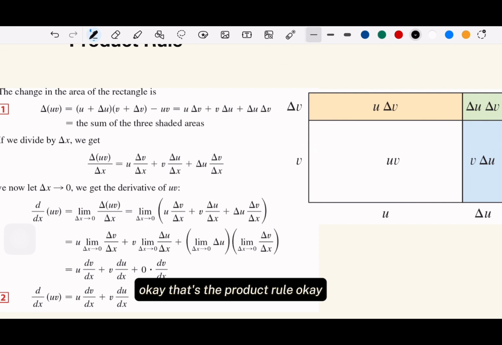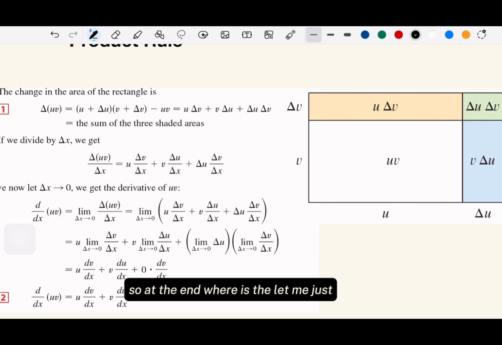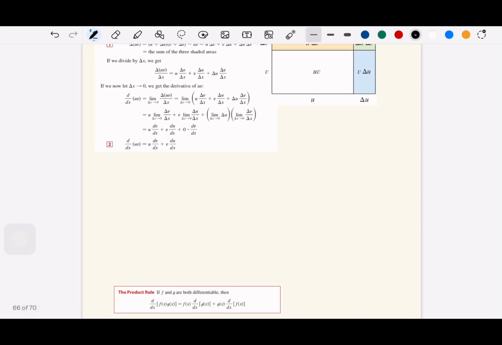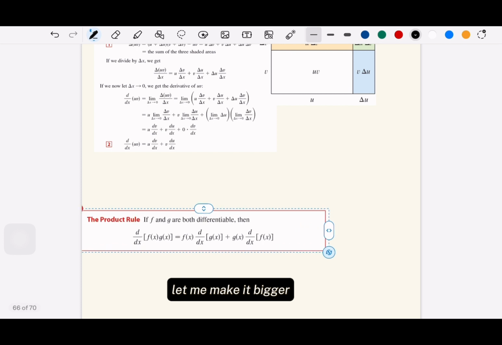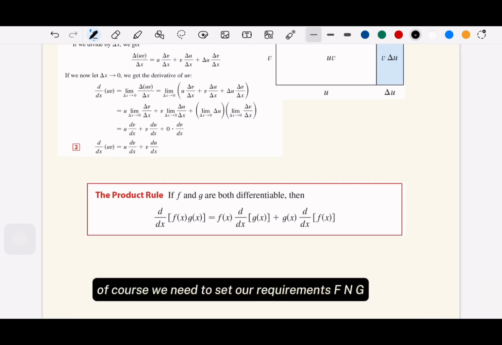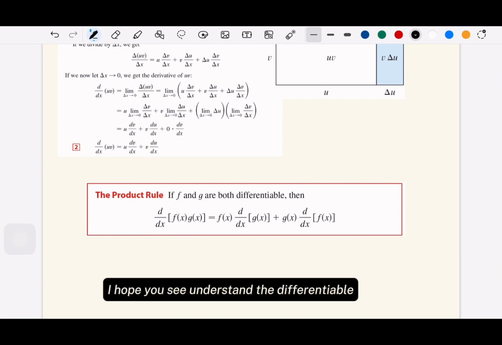Okay, that's the product rule. So at the end, of course, we need to set our requirement: f and g differentiable. I hope you still understand differentiable.